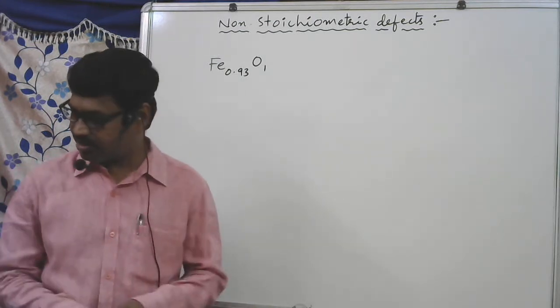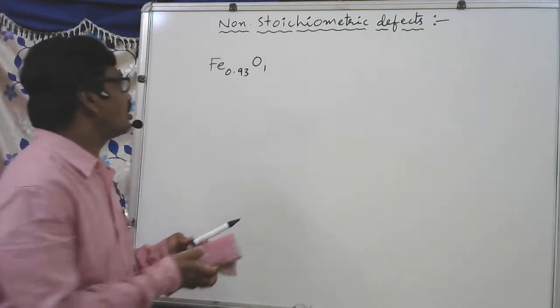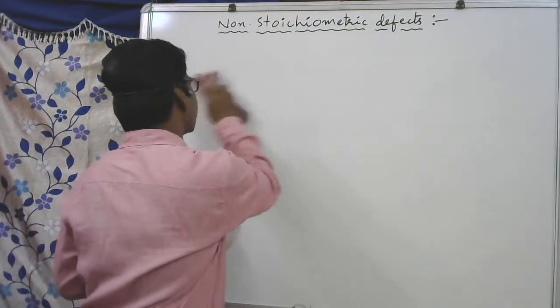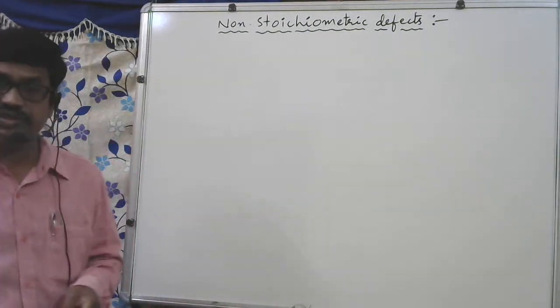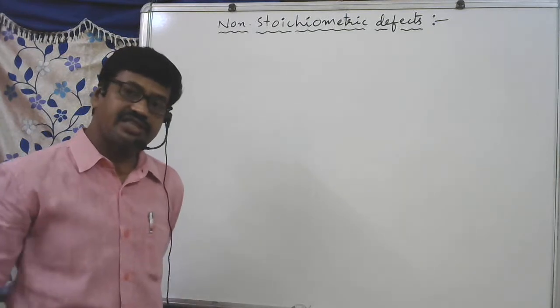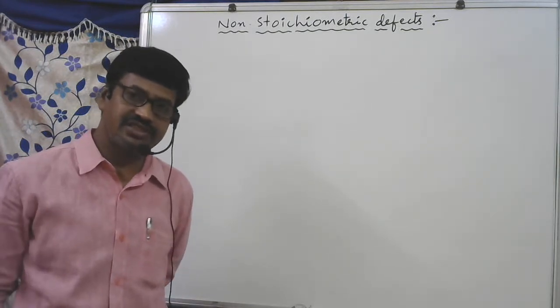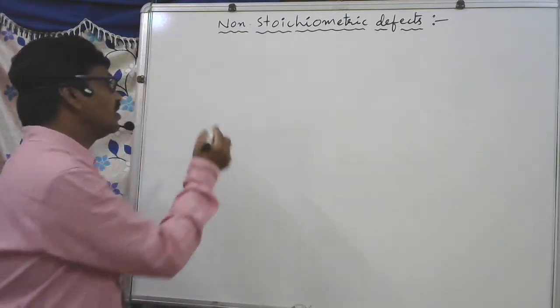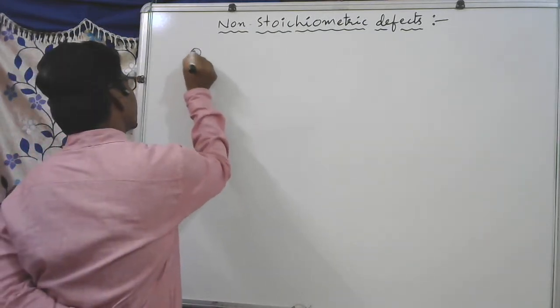Okay, here we have two types of non-stoichiometric defects. One is metal excess defect, other one is metal deficiency defect. First, we'll discuss among these two.